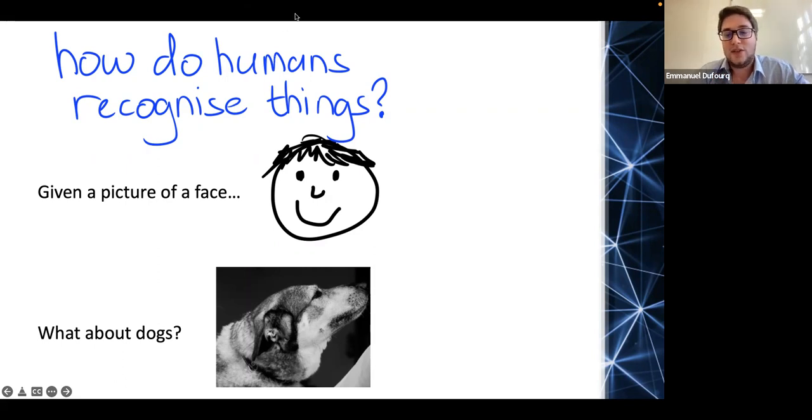So we can tell that this is a face because our brains are very good at visually abstracting things. We see the two eyes. We see the location of the eyes with respect to the nose. We see the shape of the face. We see the eyes with respect to the shape of the face. We can recognize a mouth.